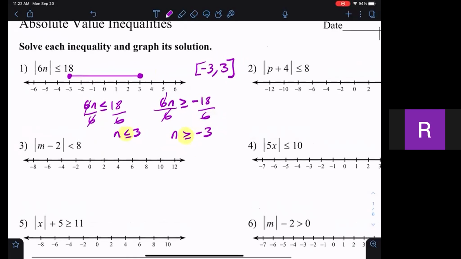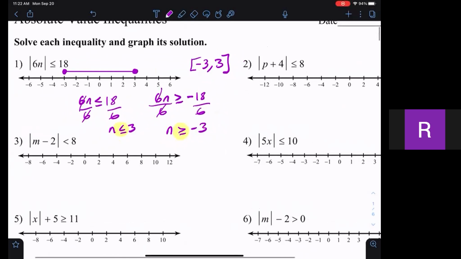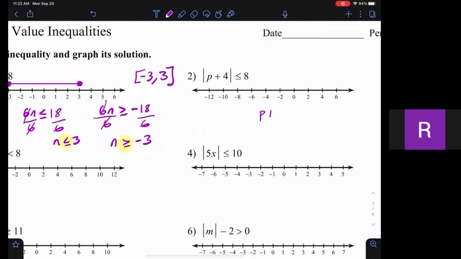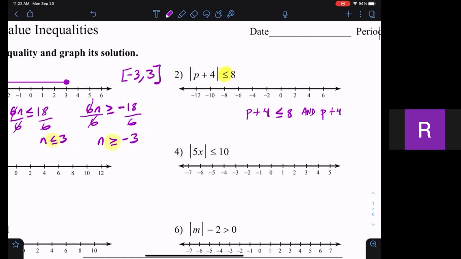Let's do maybe 2 or 3, it doesn't matter, they're almost the same. So with p plus 4, again, you need to be able to recognize that this is an and statement, right? This is less than 8, and then the other one is p plus 4. Remember, this is and, right? For p plus 4, you change the inequality and change the sign of the number.